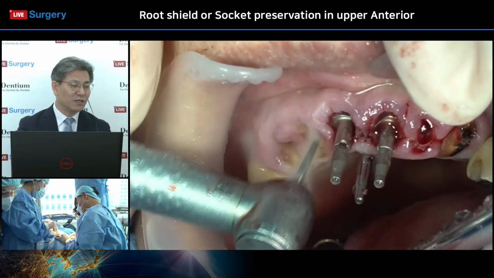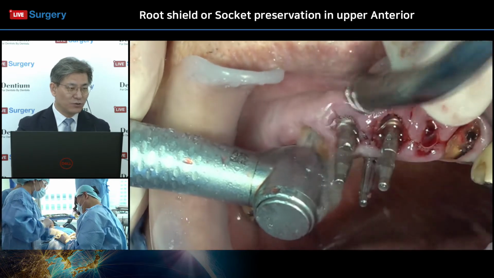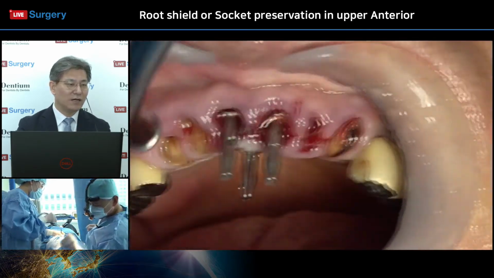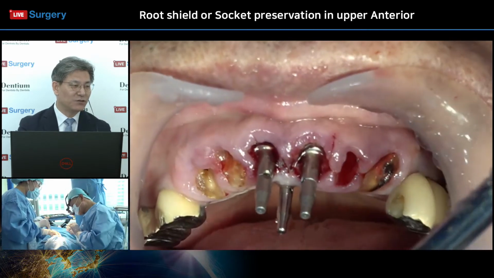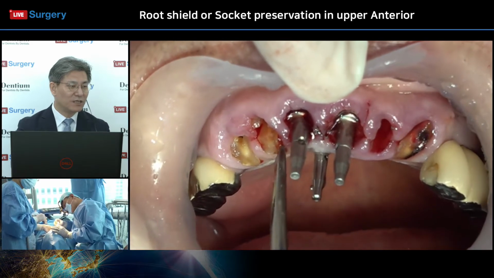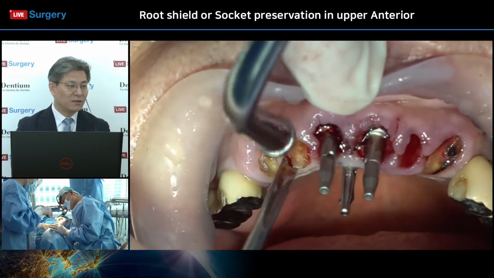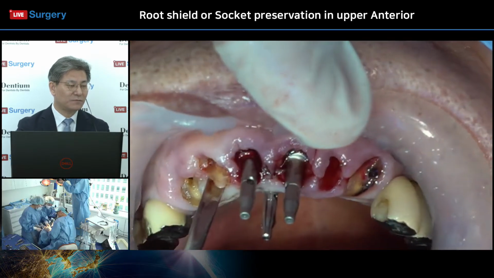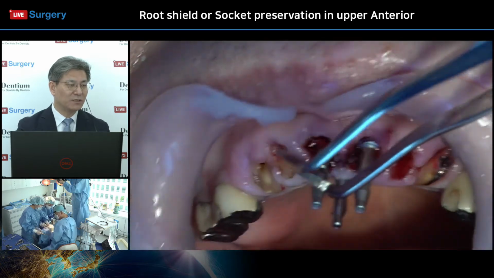Dr. Chung uses a high-speed Fisher bar to separate the tooth root, making a channel mesiodistally, right? As you can see, first make a channel using the Fisher bar mesiodistally. And using the elevator, separate the palatal fragment and remove it.